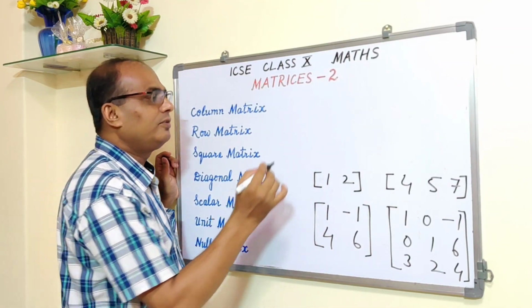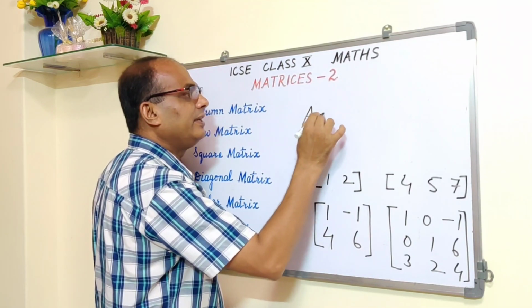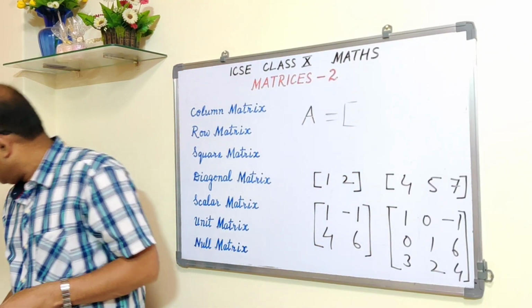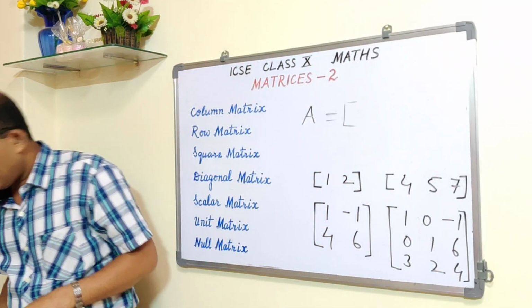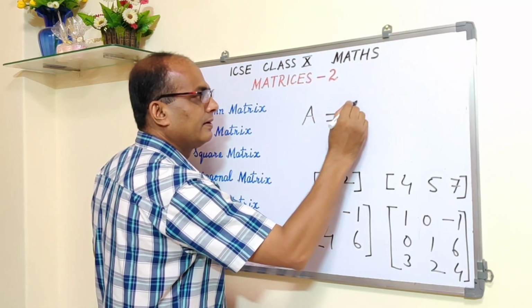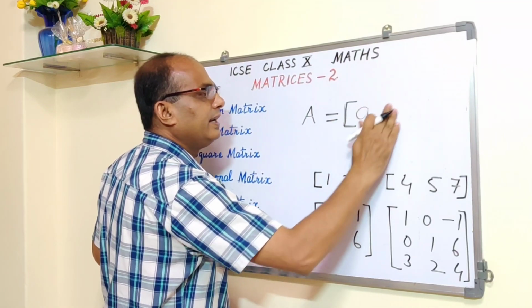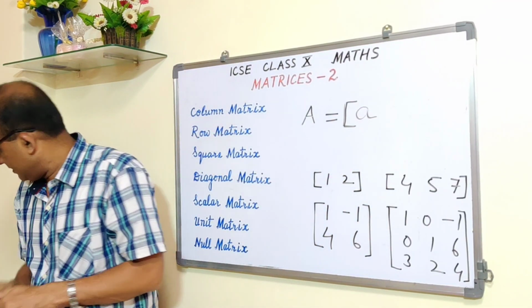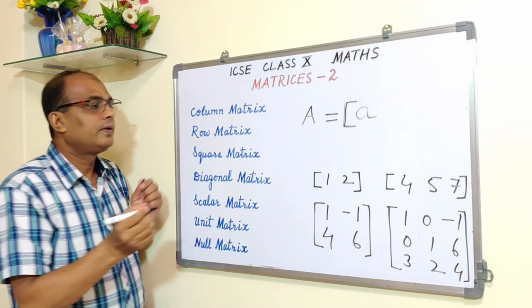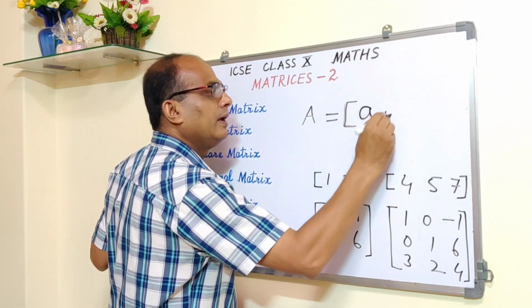What are the diagonals? Suppose you have a matrix A, and we write Aij, where Aij.